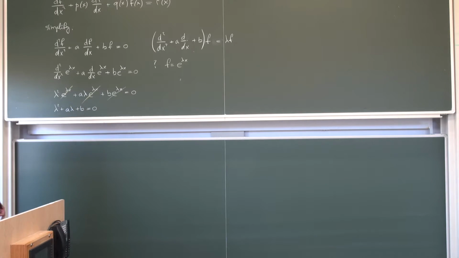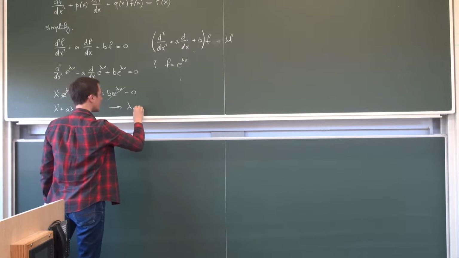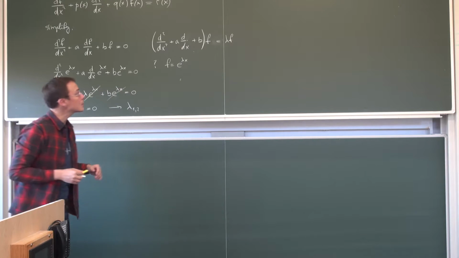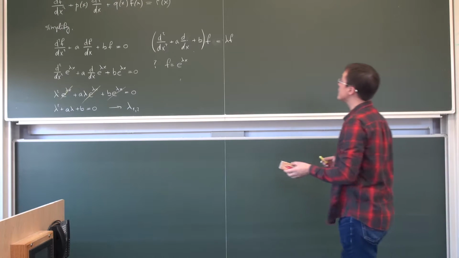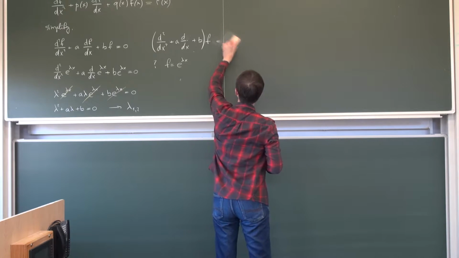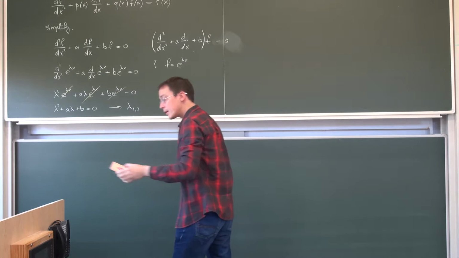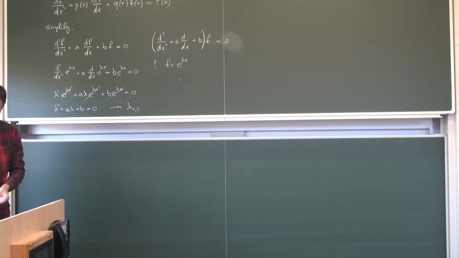What we are then left with is lambda squared plus a lambda plus b equals 0. Actually, it's a quadratic equation for lambda. So we must have two solutions, lambda 1 and lambda 2, for which the right-hand side is going to be 0. So we've found situations where this operator guarantees a 0 rather than something non-zero on the right-hand side, and that happens if lambda satisfies these conditions.